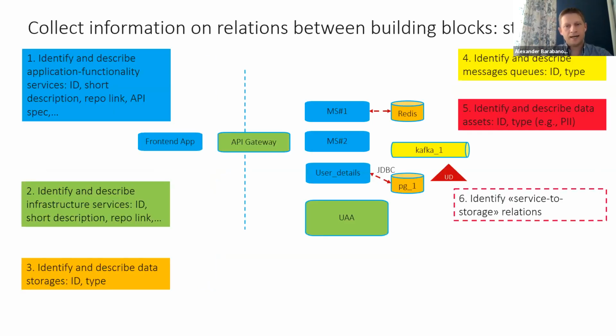After you identify and describe building blocks like functional services, general purpose services, data storages, message queues, and the data assets, you have to collect information on relations between those building blocks. The typical relations are service to storage, service to service, storage to asset, and so on.